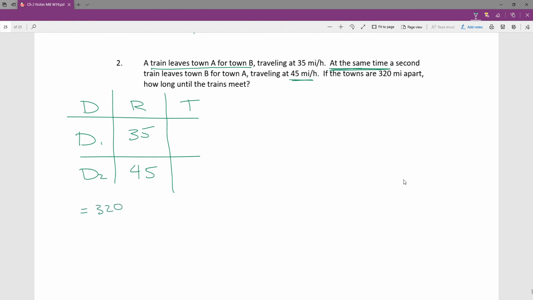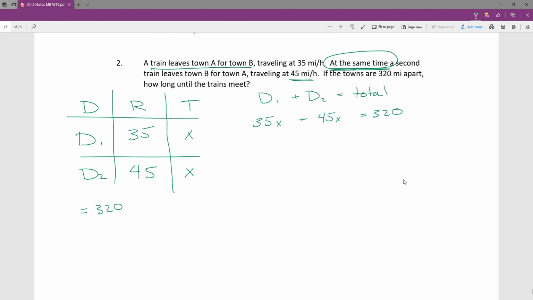Now, we have to decide, what do we do with at the same time? We're used to this 1 hour later, 2 hours later. At the same time, they have the same amount of time to travel. So both of their time intervals is going to be the same. It's going to be x. So the framework would be the sum of my distances would equal the total. So D1 expression is 35x and D2 is 45x equaling 320.